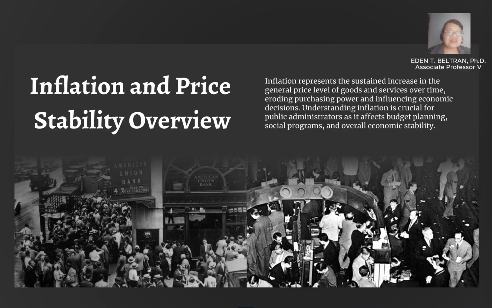And then the cost of public projects also are affected. And of course, the budgets for social protection and addressing the concerns of poverty are affected by inflation. So what is inflation? It's a sustained rise in the prices of commodities over time.